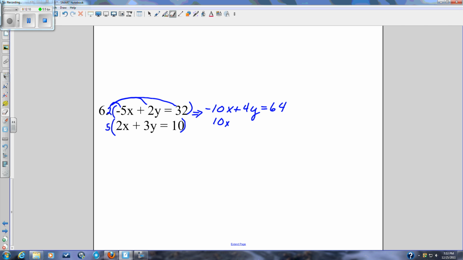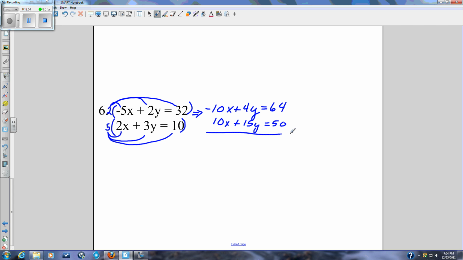So if I go ahead and multiply through by 5 here, I've got 5 times 2 is 10x, and 5 times 3y is 15y, and 5 times 10 is 50.